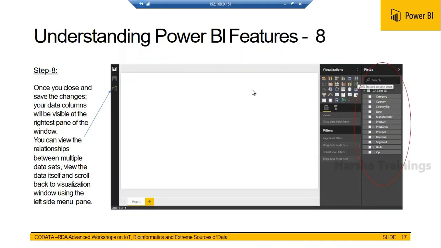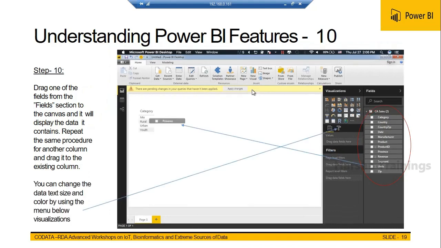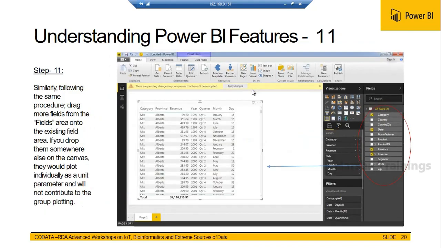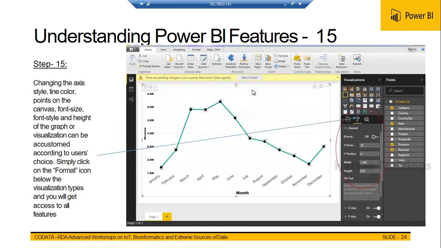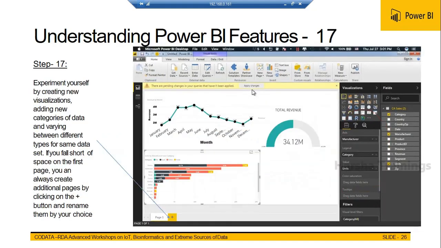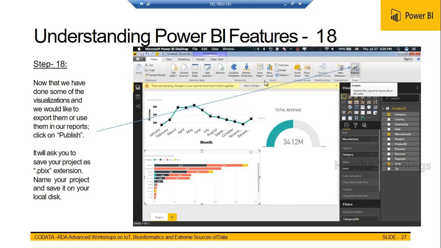Once you import the data, you can start to create your dashboards, creating visuals. Once you have created your visuals, you need to publish your report. Keeping your file on your desktop is of no use, right? You need to publish.